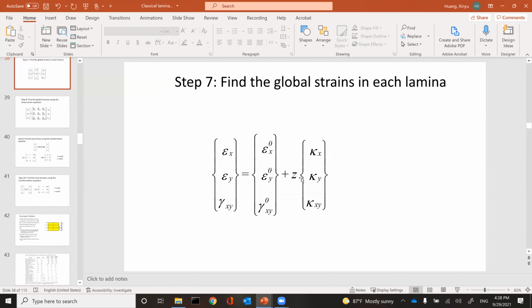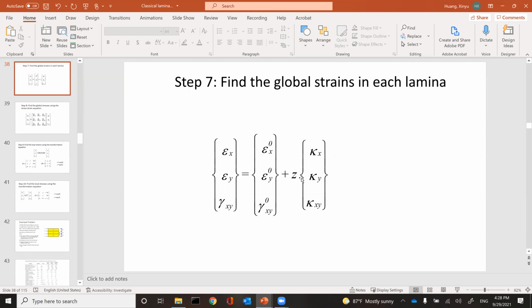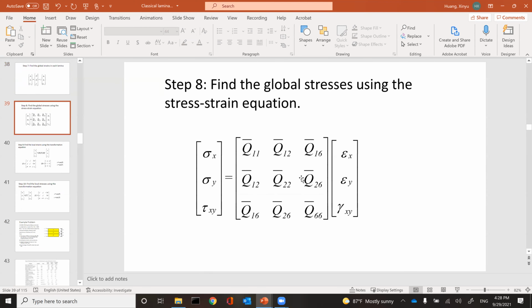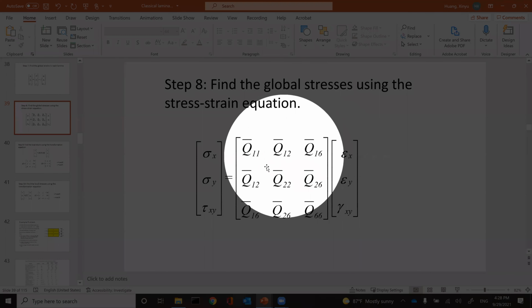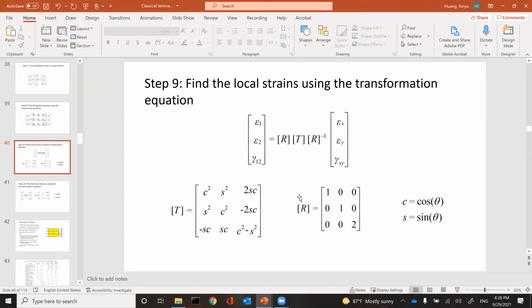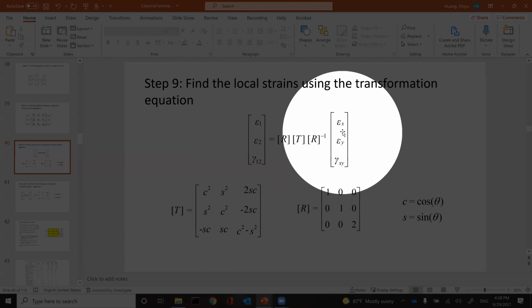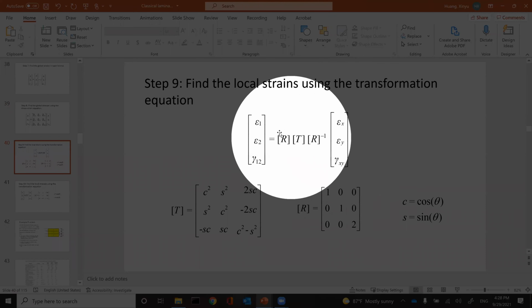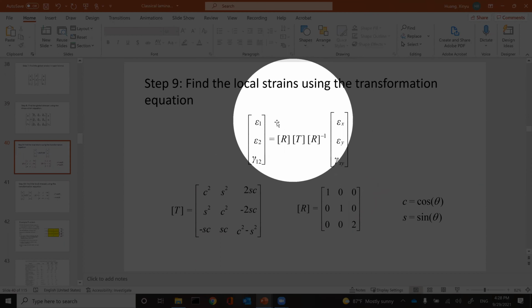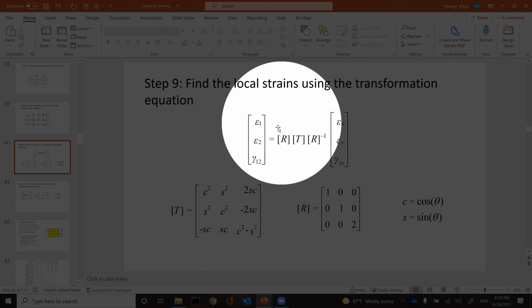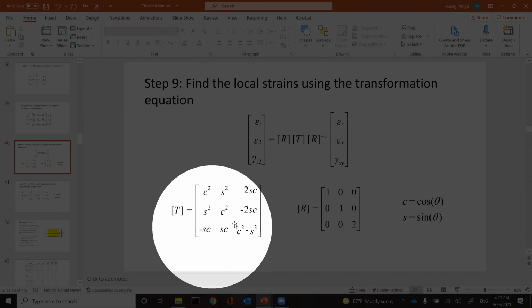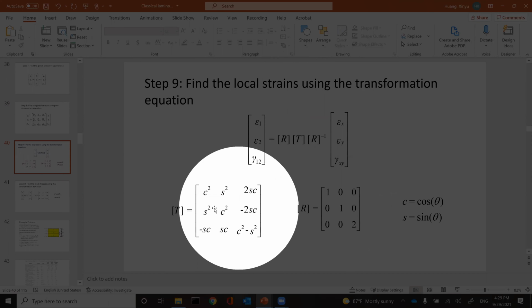So the relationship between the global stress and global strain is through this Q bar matrix, and you can transform your global strain to local strain through this matrix. Okay. T and R are given here.